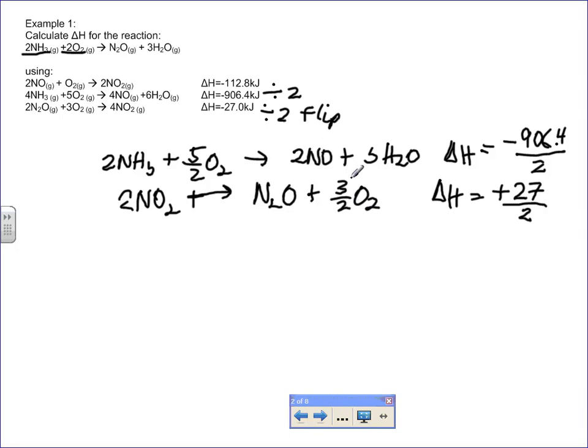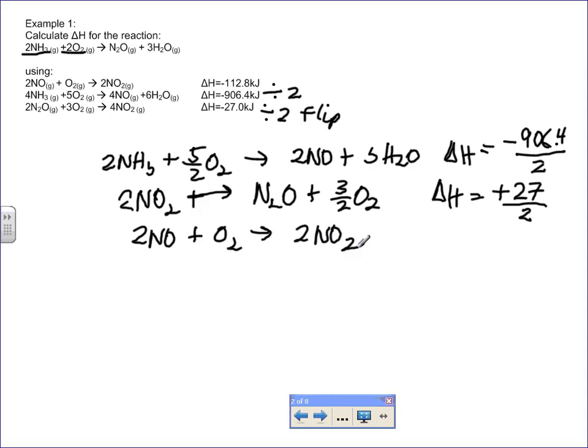Now, if we tried to add these up, it would not add to this final reaction because we have some extra materials that actually need to be removed. And that's what this third reaction is going to help us to do. You'll see that there is NO in this reaction, but there's none in the final reaction and nothing in this second one to cancel it. But if you look to the first reaction, you can see that if I just leave it, 2NO plus O2, that's going to simplify the 2NO.